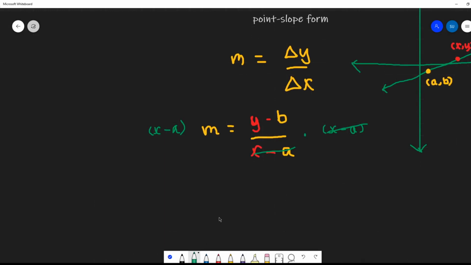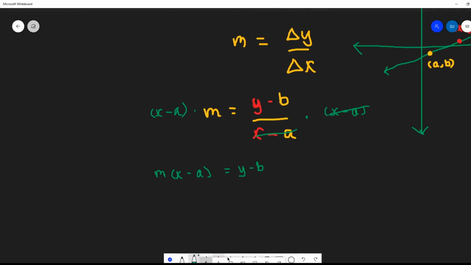They're going to be multiplied, you know what I mean? So if we rewrite it to make it simpler, it would be m times x minus a equals y minus b, right? And this is essentially point slope form.